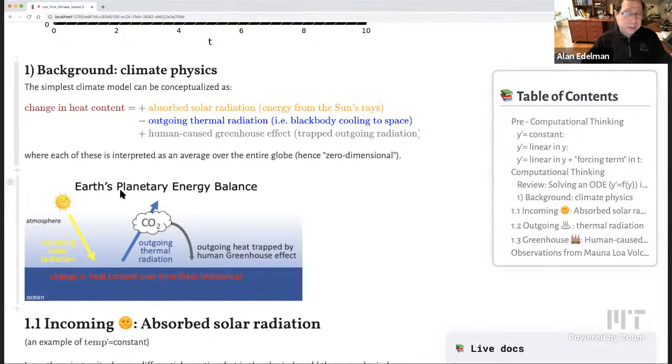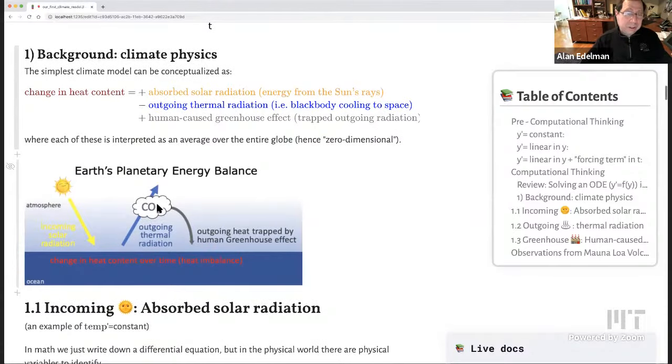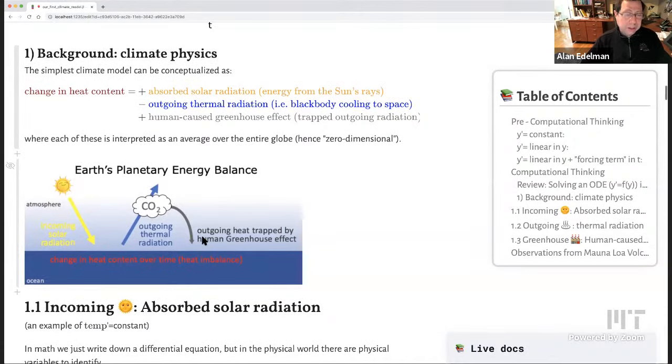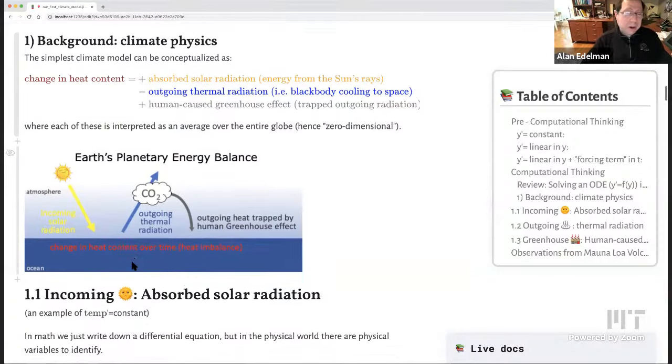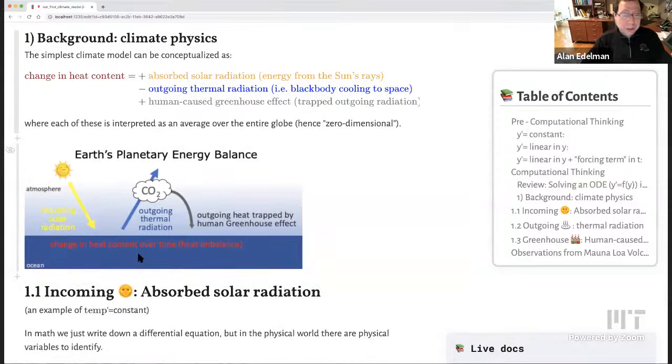The orangey yellow, this blue, and then of course now there's the carbon dioxide, which is the greenhouse effect. And the oceans try their best to equilibrate everything that's going on. The oceans, for example, absorb a great deal of the heat. So we'll try to model that in whatever way we possibly can.